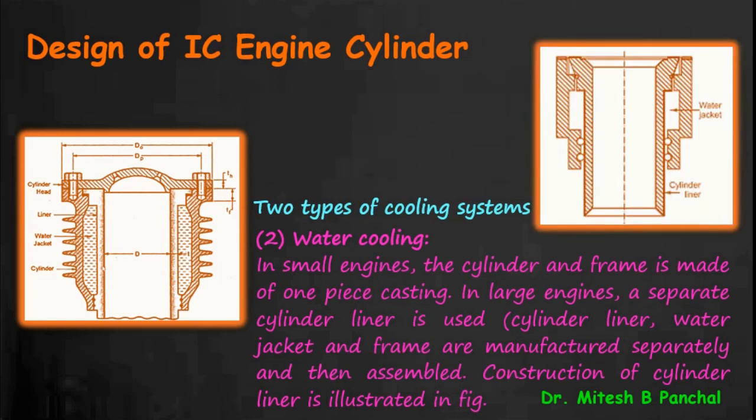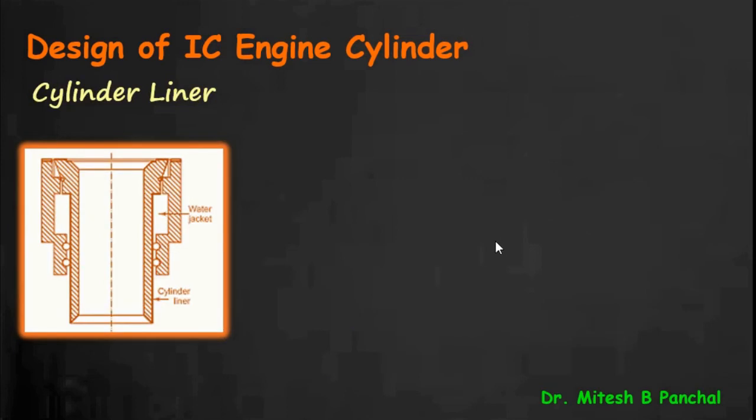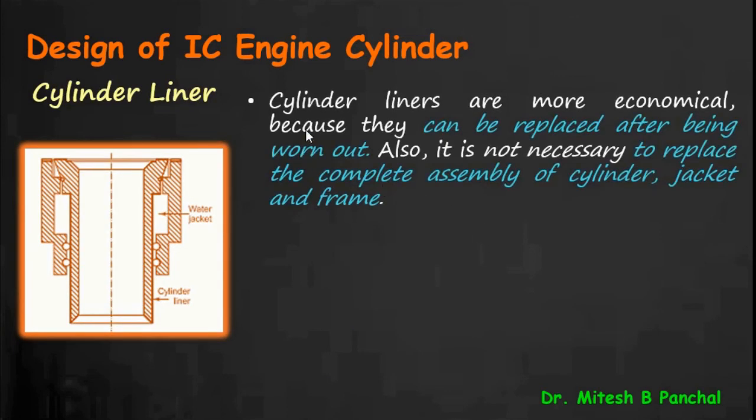The construction of the cylinder liner is illustrated in this figure. This portion represents the cylinder liner, the inner surface of the cylinder, while this one is the water jacket which is attached to the cylinder liner.